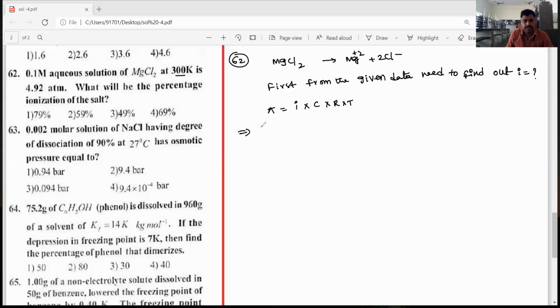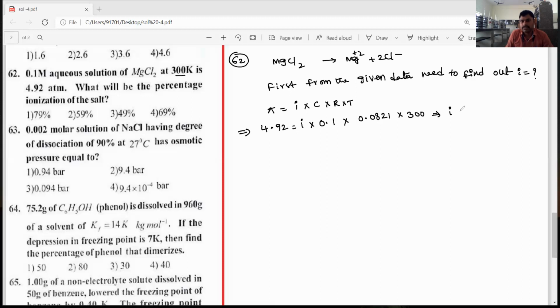The osmotic pressure is 4.92 atmospheres, the concentration is 0.1 molar, and the R value in atmospheres is 0.0821 liter atmosphere per mole Kelvin, and the temperature is 300.